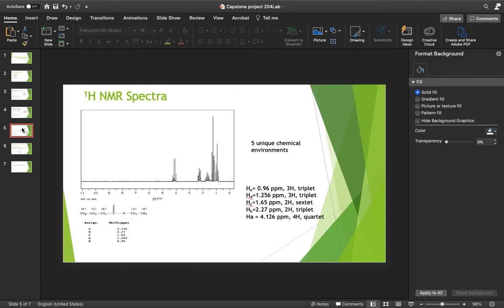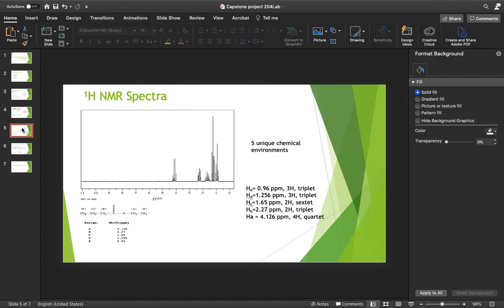The next peak at 1.65 parts per million integrates to 2H, and it's a sextet, so it neighbors 5 hydrogens. It neighbors a group that's probably a methyl group, CH3, and it also neighbors another group, which is probably CH2. So we see that the molecule has a propyl group from that interpretation of these peaks.